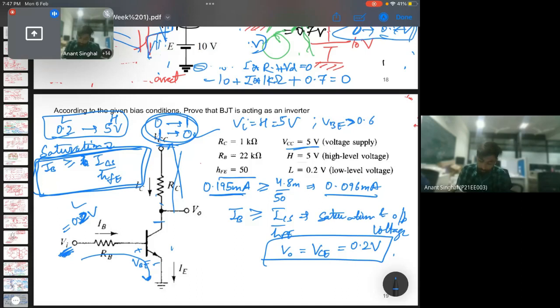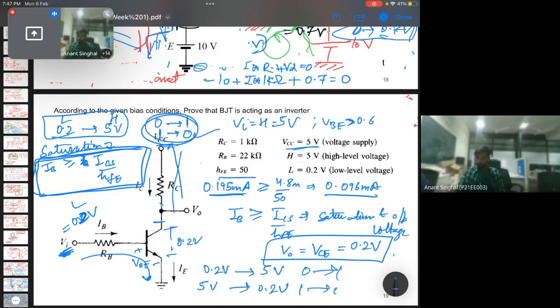So what we have confirmed: for the first case, when the input applied was 0.2 volt, the output was 5 volt, and when we applied a high input, we got an output voltage of 0.2 volt. So we can say now that when we applied 0, we got 1, and when we applied 1, we got 0. So yeah, this BJT is acting as an inverter or a NOT gate.